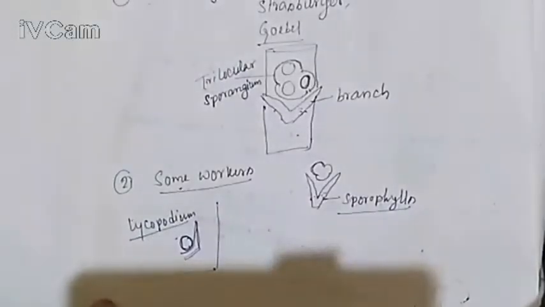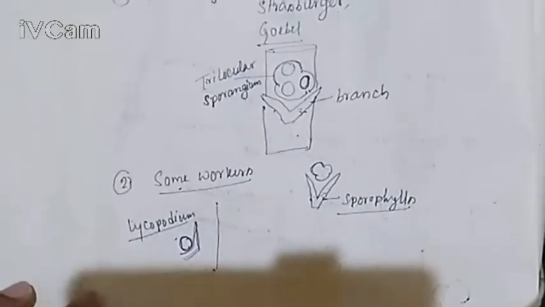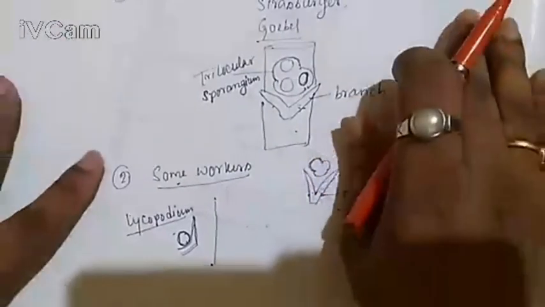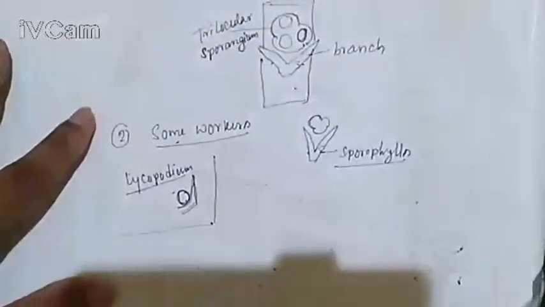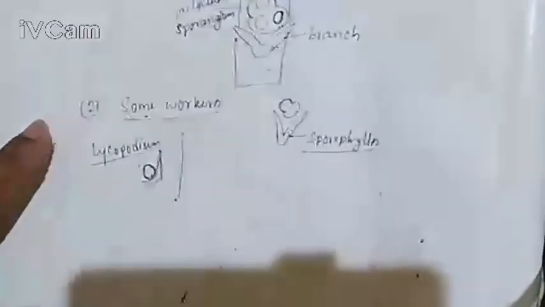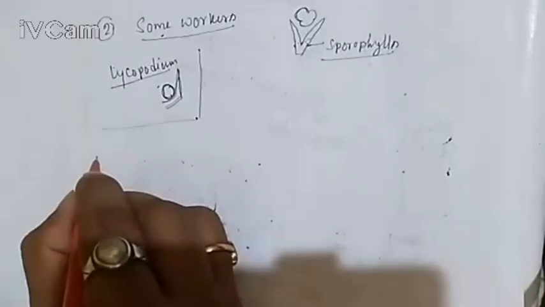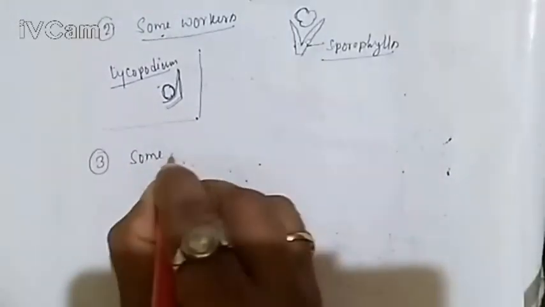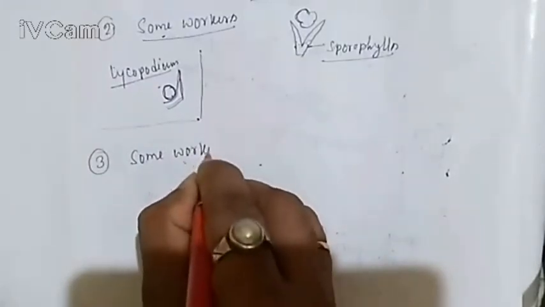Okay, so now another opinion. Some workers, we are not mentioning their names because there are different names, so we can write it as workers. The third opinion, according to some workers.